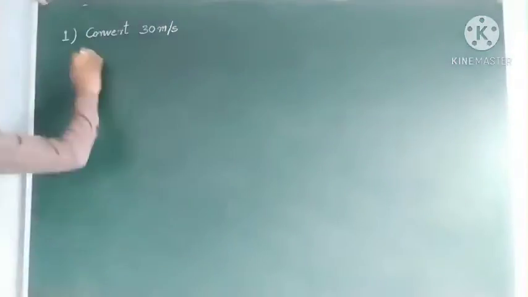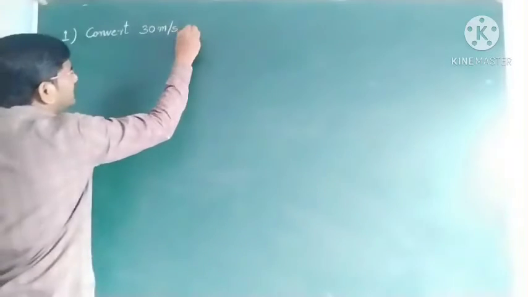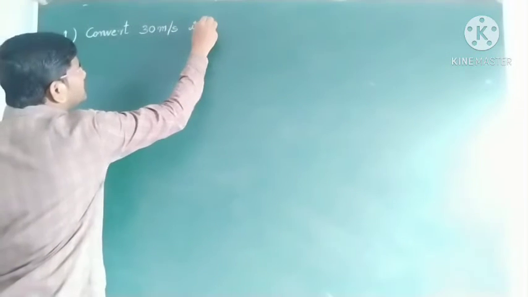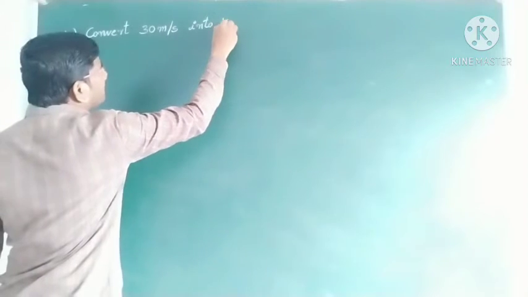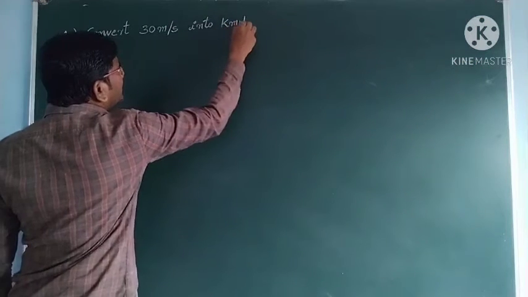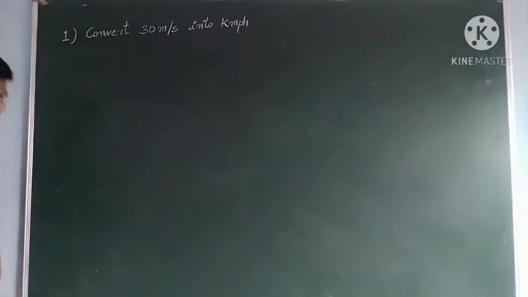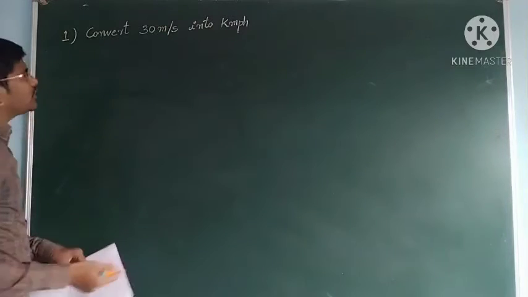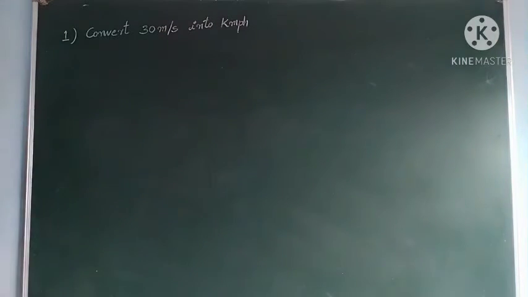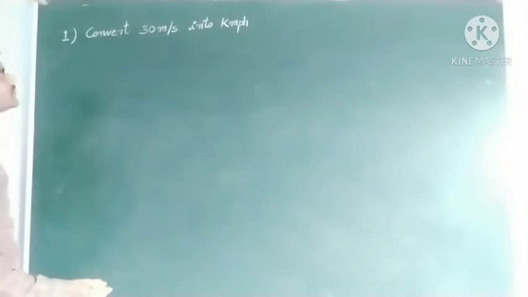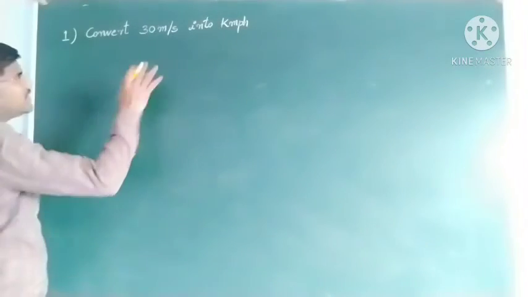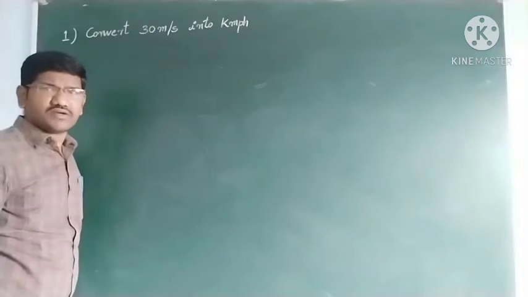Okay, students, convert 30 meters per second into kilometer per hour. 30 meters per second into kilometer per hour. Okay, students. So now what we are doing, you see, 30 meter per second is how many kilometer per hour? That is a question mark.